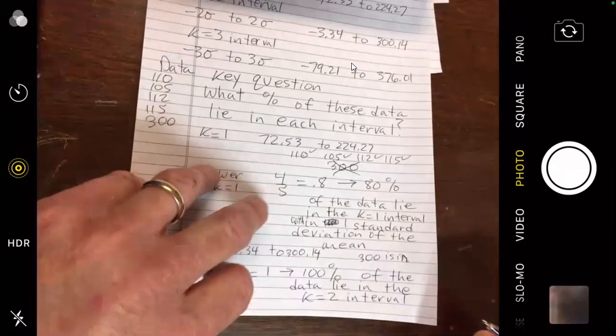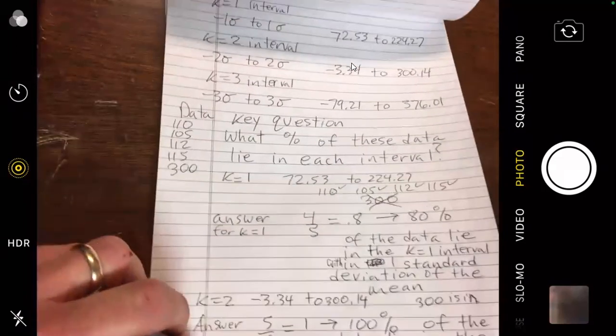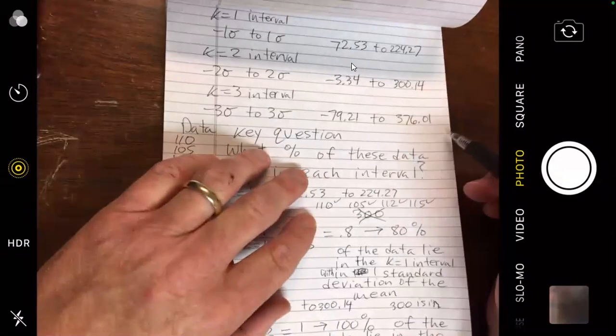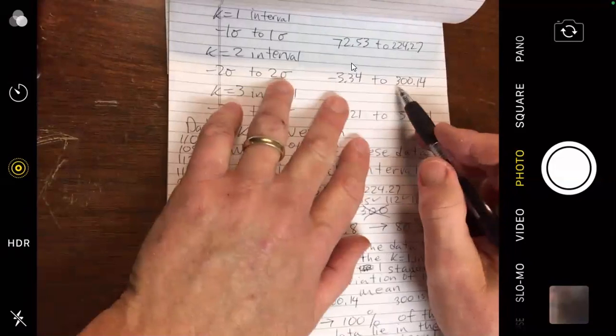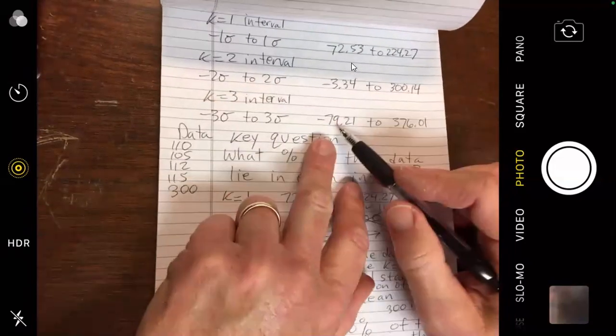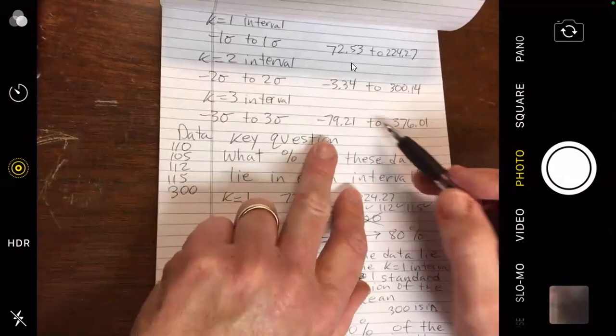Can you tell the k equal 3, if they all lie within this, and you extend this out to 376 and down to negative 79, that they're all going to lie in this?